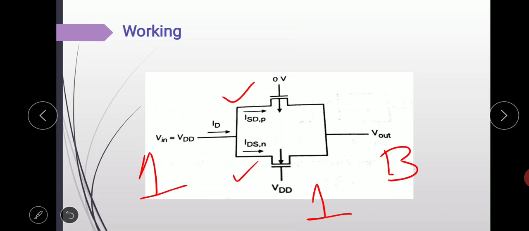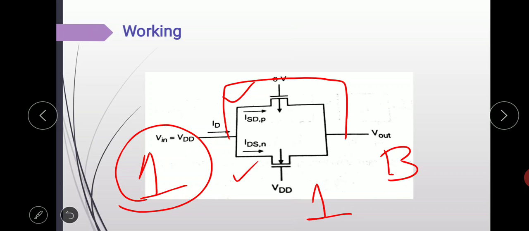As we know, NMOS is good to pass logic 0, but PMOS is good to pass logic 1. So here the input is 1, so it chooses the path of PMOS for transmission to give a better output.